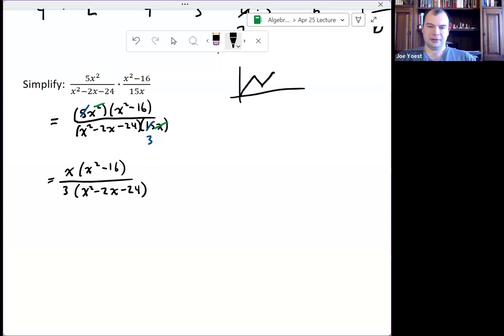At each step, divide out everything that I can so that I'm kind of simplifying before making things look more complicated again. But I don't think there's really anything wrong with somebody who would have started by factoring x squared minus 16 and x squared minus 2x minus 24, gotten everything broken down to the smallest factors, and then started dividing out.